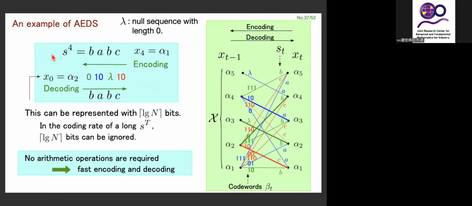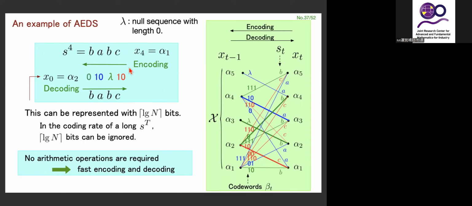As an example, we consider the encoding of this source data sequence, and assume that we select alpha 1 for x4. Then encoding starts from the state alpha 1. The last symbol C is encoded to 1, 0, and we move to alpha 2.